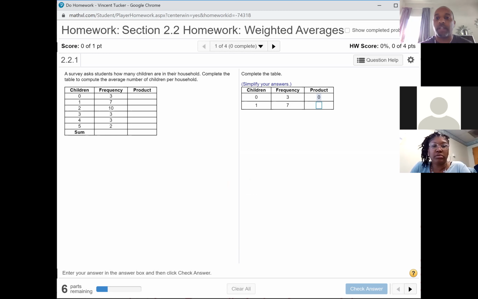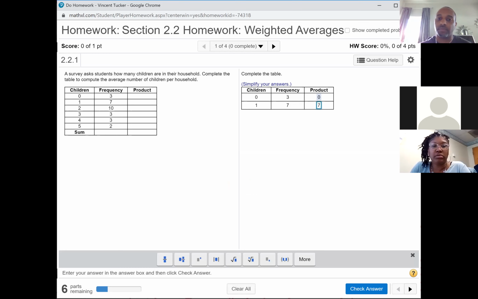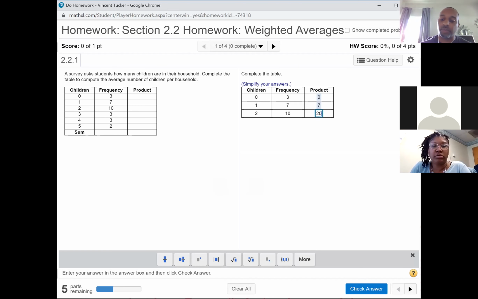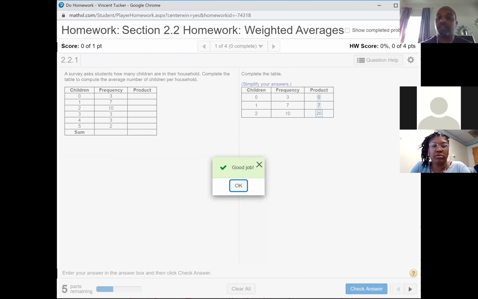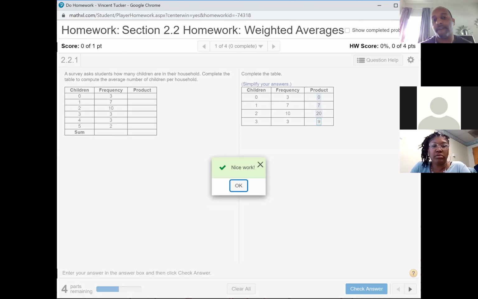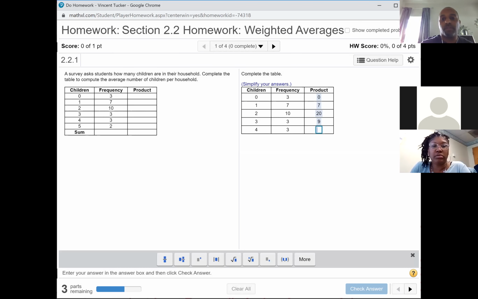Next one, 1 times 7 is 7. 2 times 10 is 20. 3 times 3 is 9. 4 times 3 is 12. And then 5 times 2 is 10.